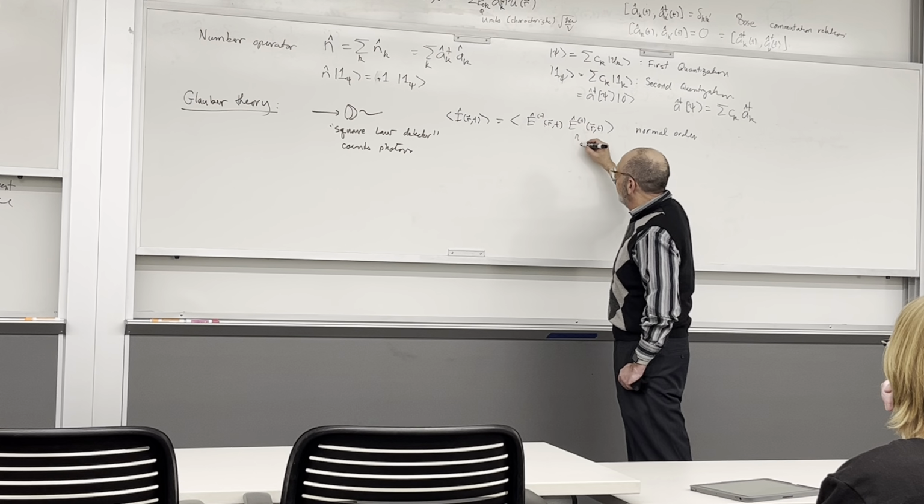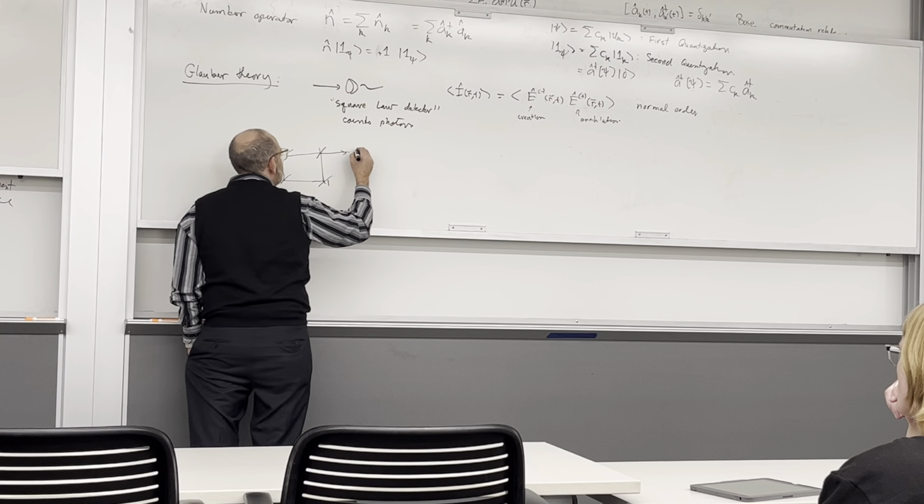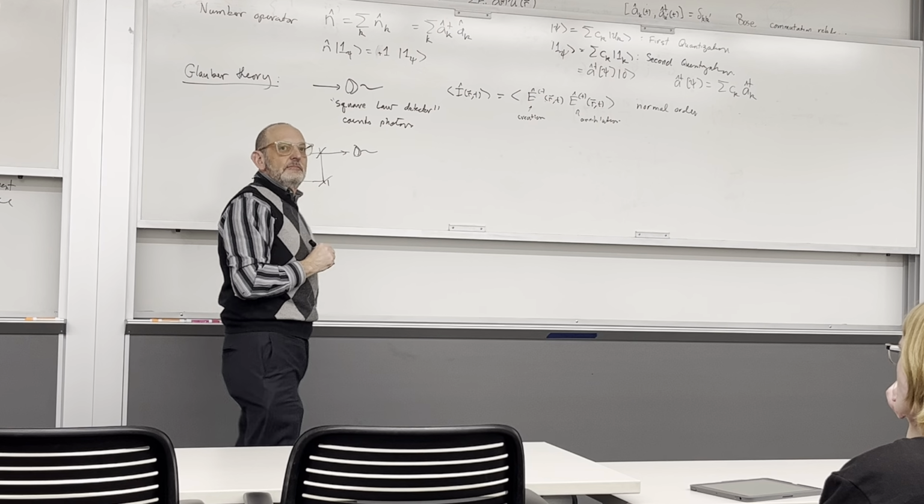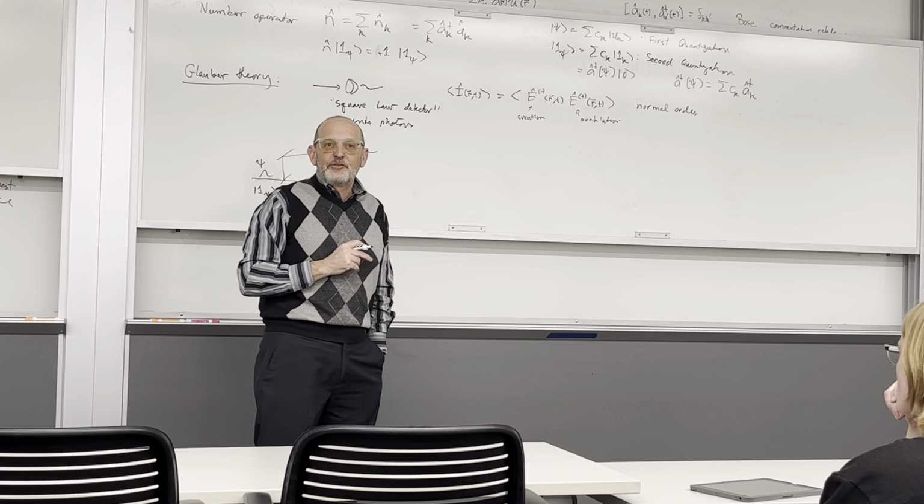Okay, so let's suppose that the state of the system was, let's suppose that I have my Mach-Zehnder interferometer, and I send in a single photon wave packet into this interferometer.